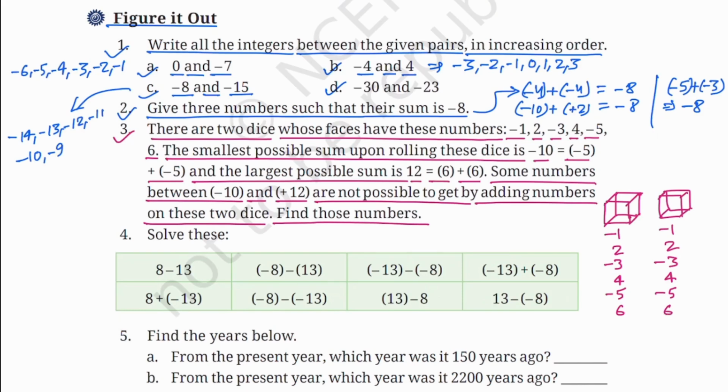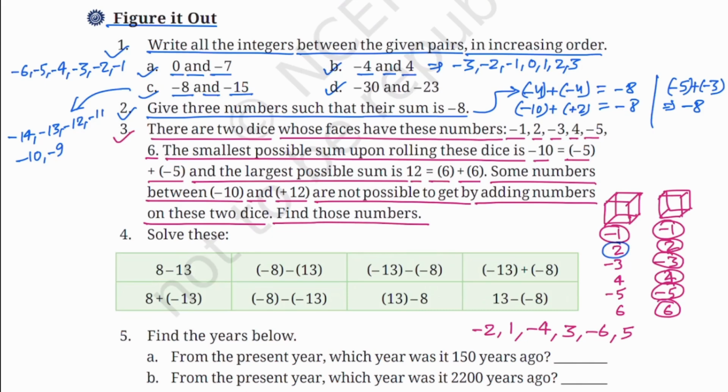When the numbers are added, you may get -1 and -1, -2; -1 and 2, 1; -1 and -3, -4; -1 and 4, 3; -1 and -5, -6; -1 and 6, 5.